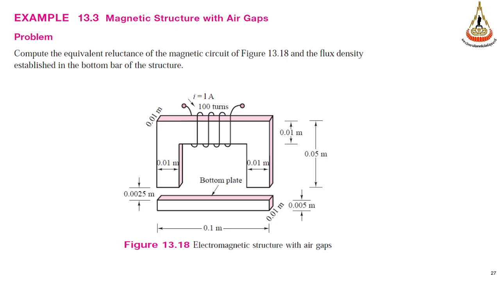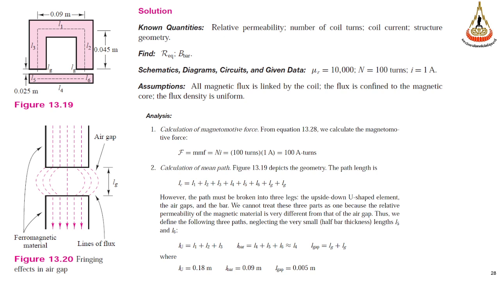So let's see this example. If you have this bottom plate, right here and here, of this circuit. The depth is 0.01. So this is 0.01 also. Okay. In this case, I will skip some detail of this example. I think you can go into detail here, right? For this part, the magnetomotive force will be Ni.